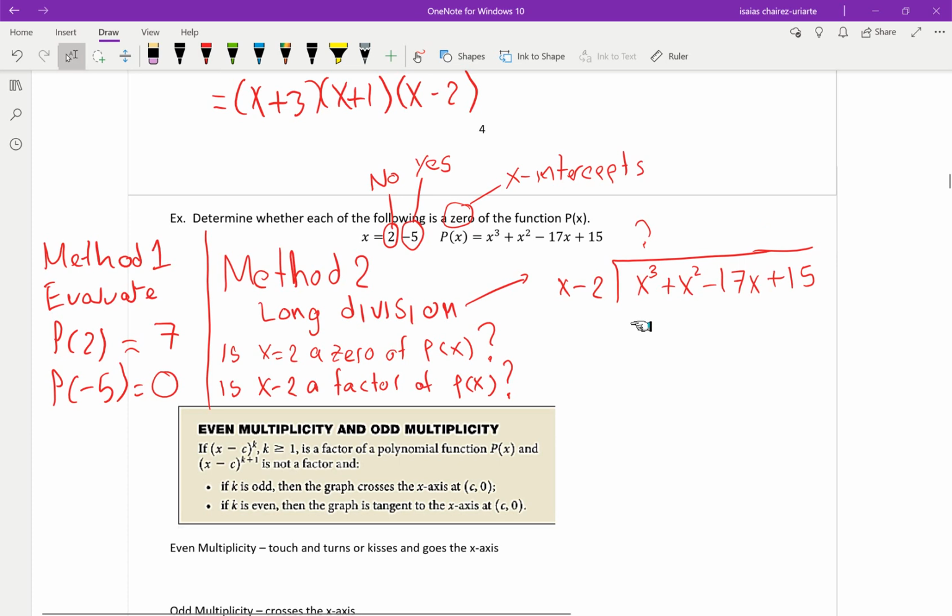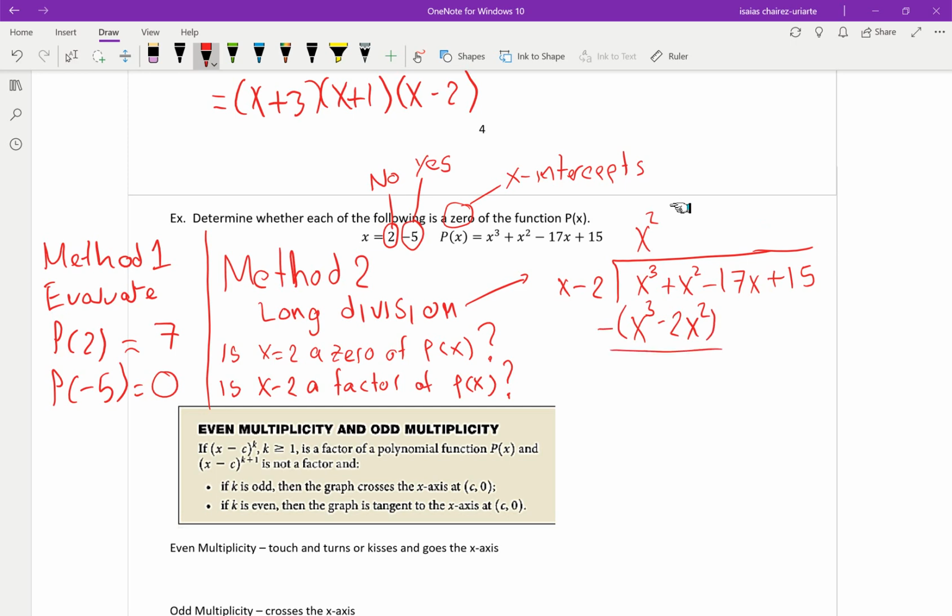And I think that something is going to be x squared. So I put x squared right there. x squared times x, that's x cubed. And then x squared times -2, that would be -2x squared. And then I say minus.